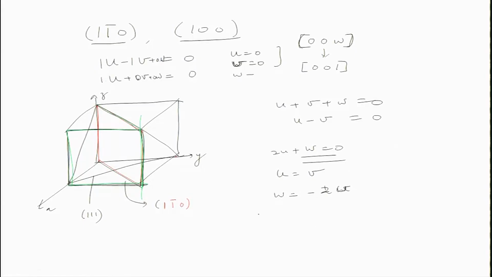So, the direction would be U, U, minus 2U. So, this is 1 1 bar 2 direction. Okay. So, this is how you can find the common directions.